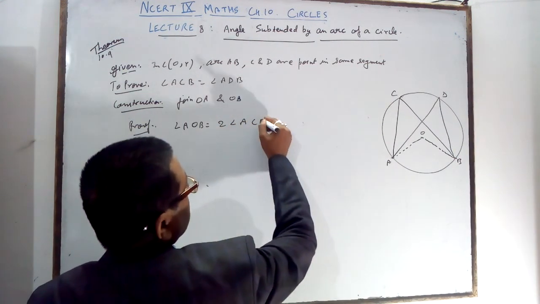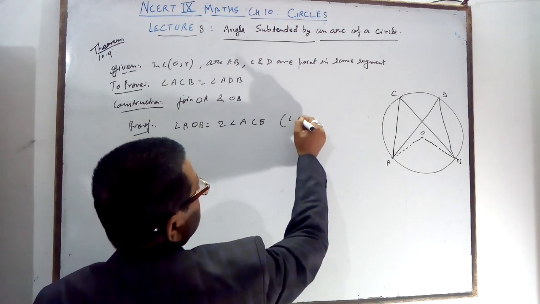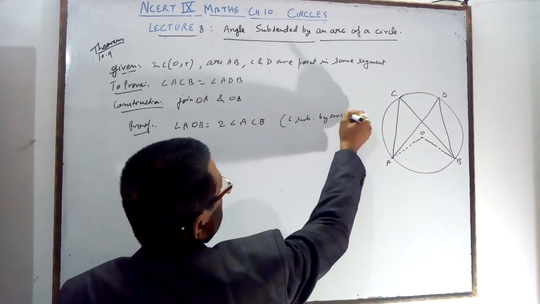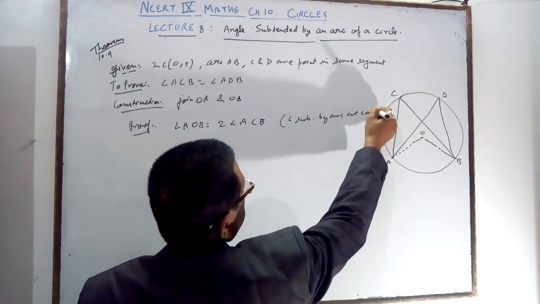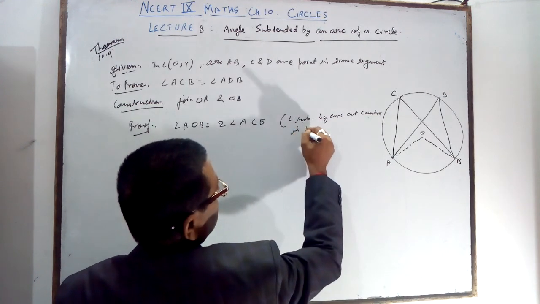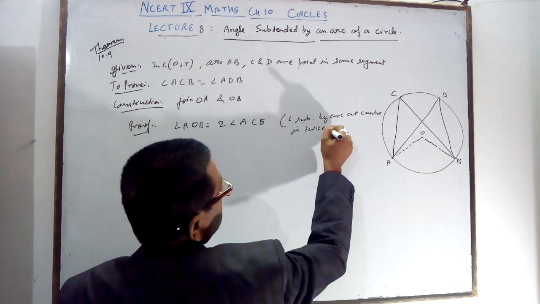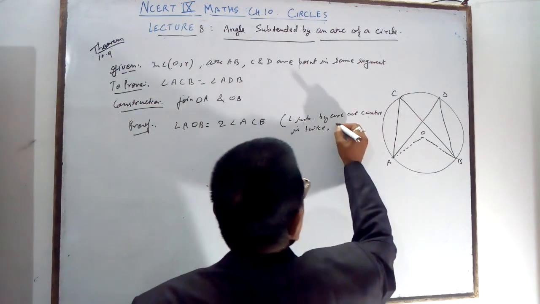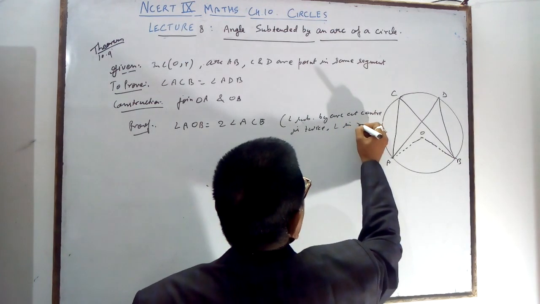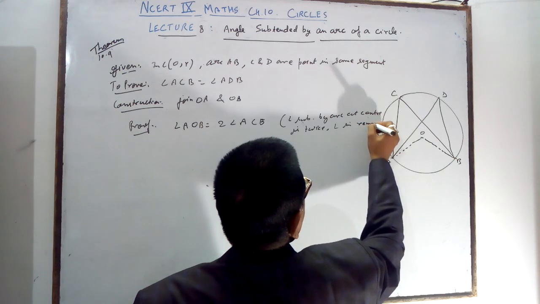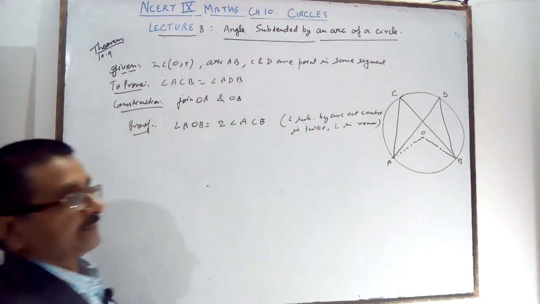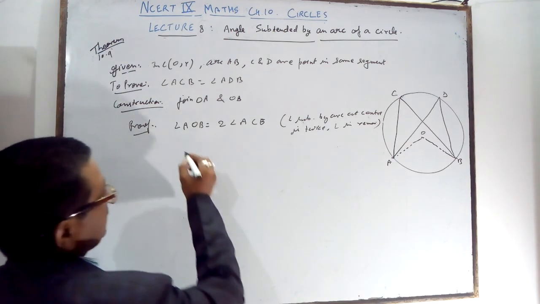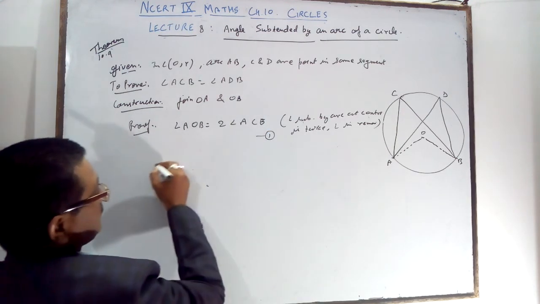By the theorem, the angle subtended by an arc at the center is twice the angle in the remaining part of the circle at any point. So angle AOB is twice angle ACB, equation number 1.